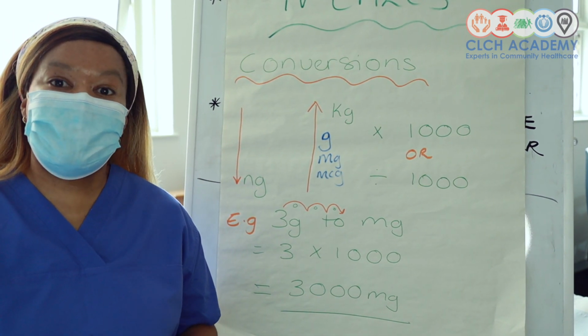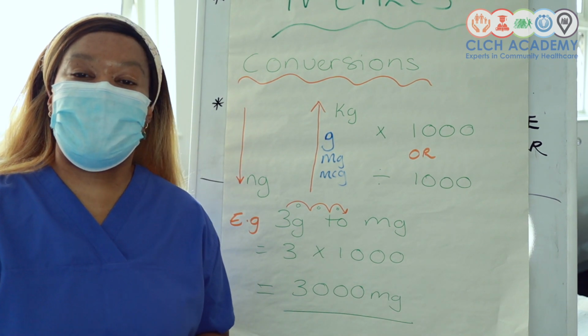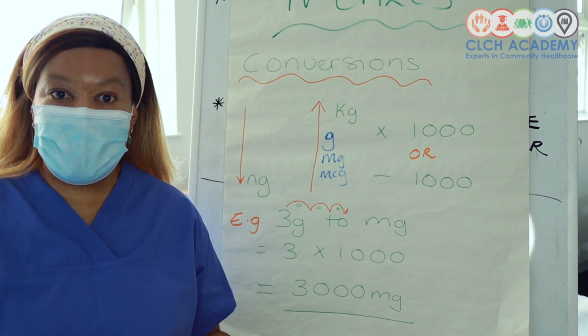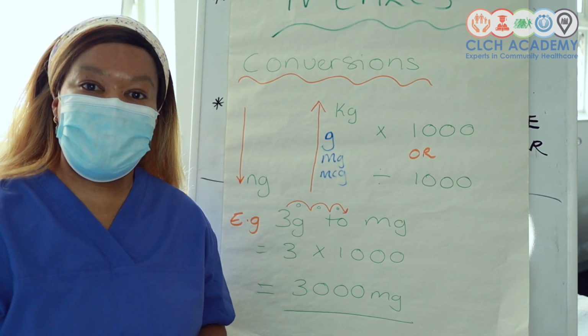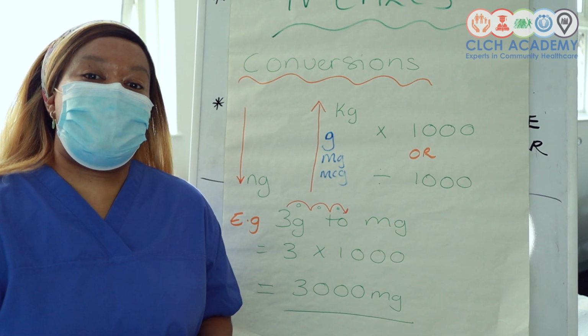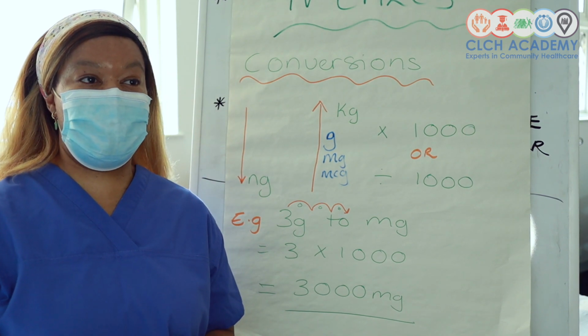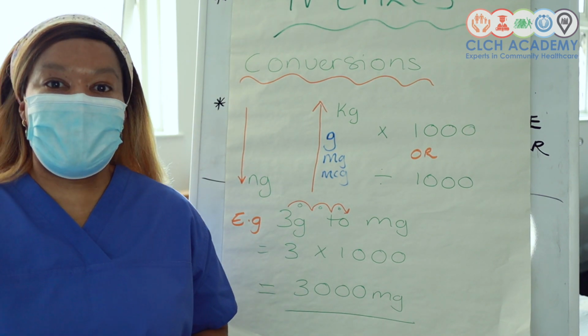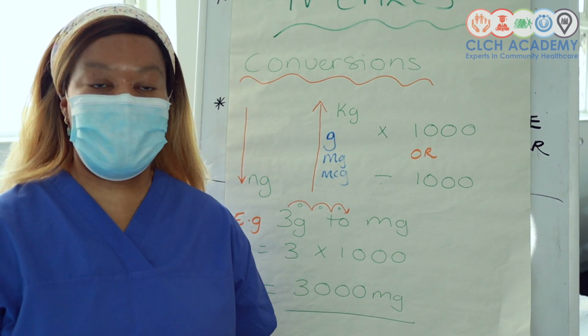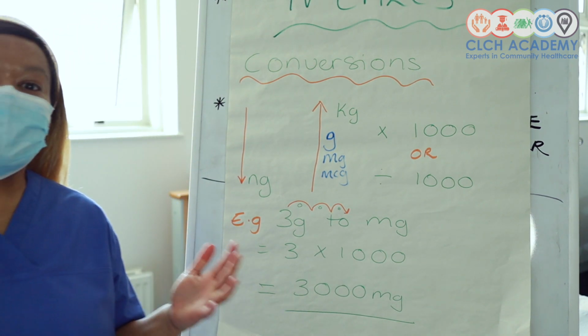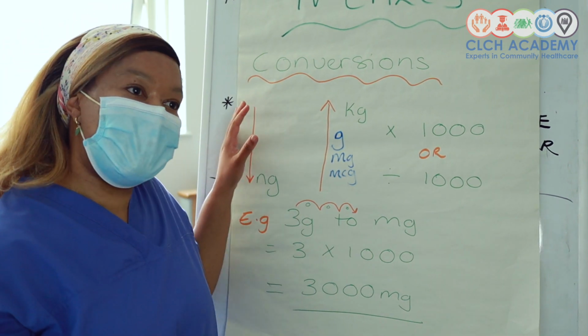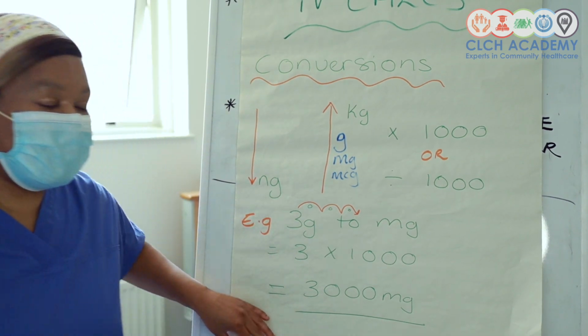In that situation, you'd be dividing by 1,000, giving you 0.5 grams. Last one, 1.5 liters to convert to milliliters, again you'd be multiplying by 1,000, which would give you 1,500 mils at the end of that. So those are some quick examples of how you might choose to convert.